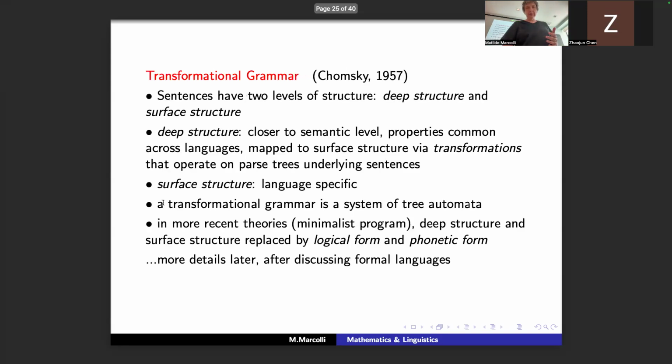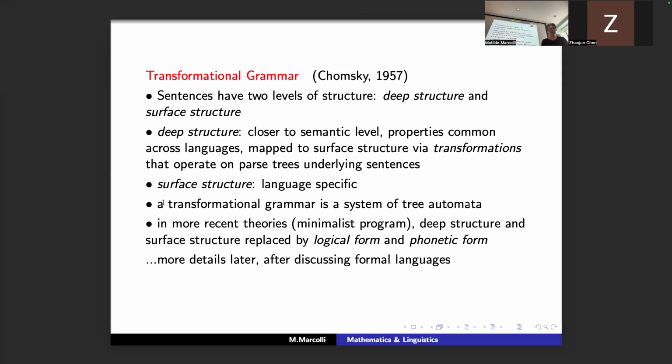Okay, so let me just say briefly, I'll fill in more detail later. The idea in passing from the overall formal languages approach to transformational grammars is that you have two different levels of structure, which linguists refer to as deep structure and surface structure. There's a deep structure of sentences that is more closely related to the semantic parsing and is less language dependent.